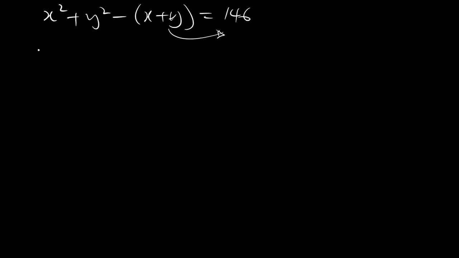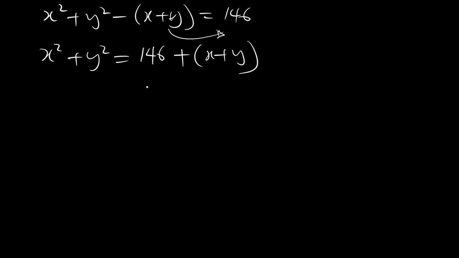So that means x squared plus y squared minus bracket x plus y equal to 146. So if we move this to the other side, you now have x squared plus y squared equal to 146 plus x plus y.